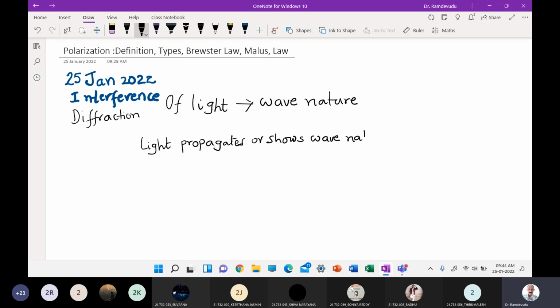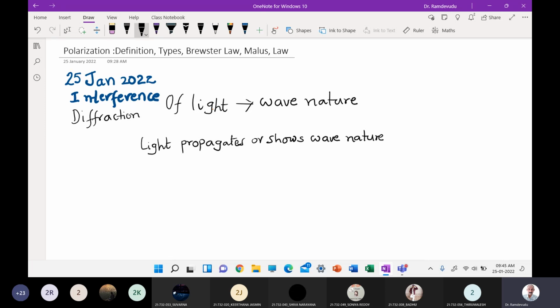But we know that waves may be transverse or longitudinal. So these two, interference and diffraction, have shown that light is propagating in the form of waves, but they don't throw any light on whether the light waves are transverse or longitudinal.